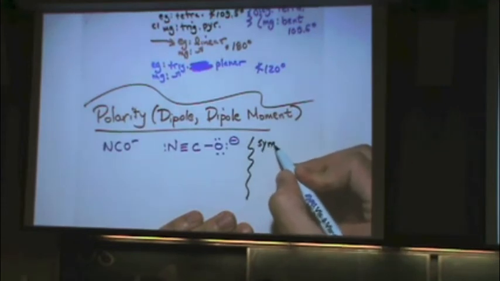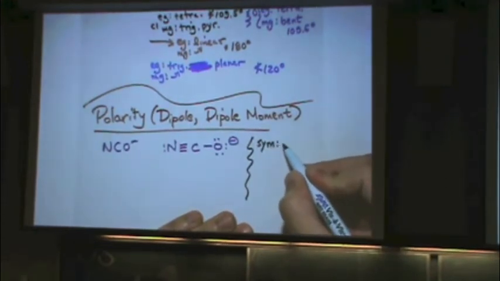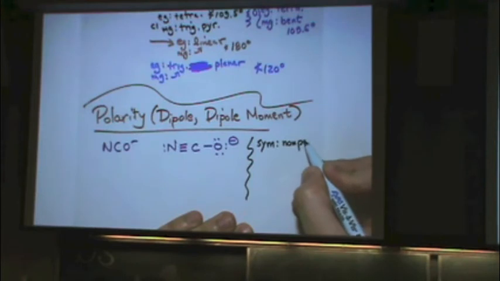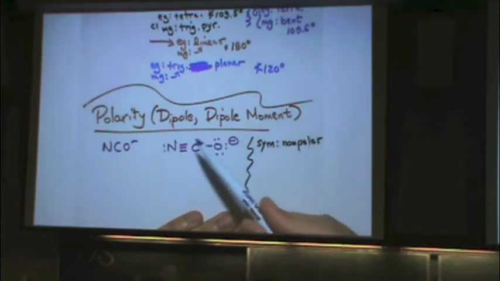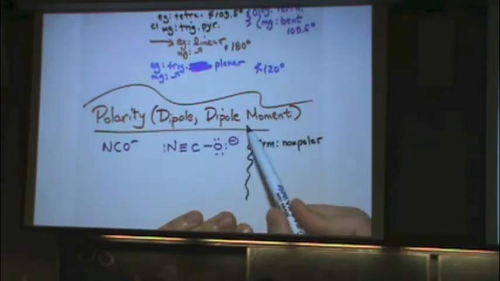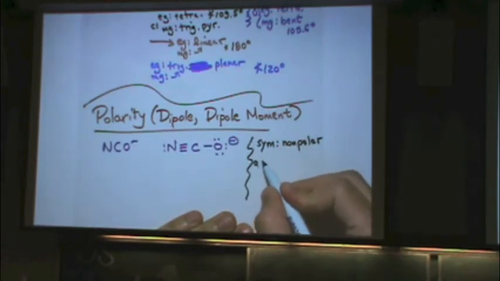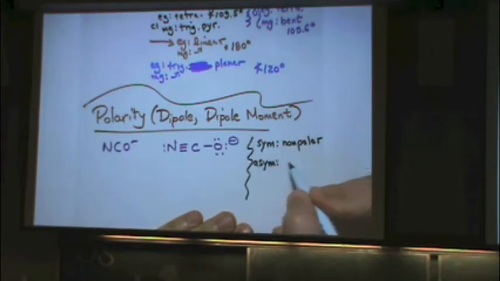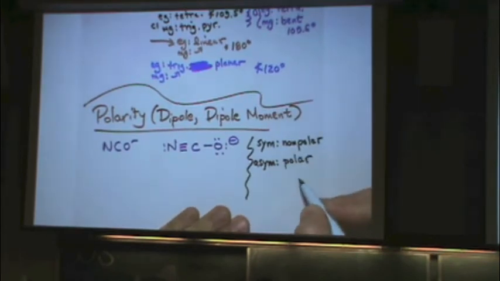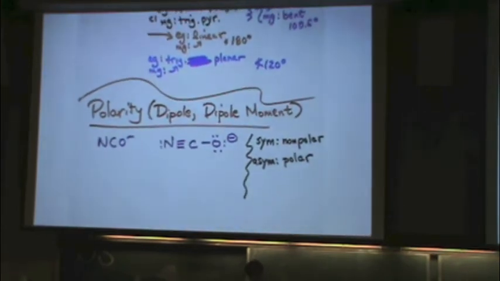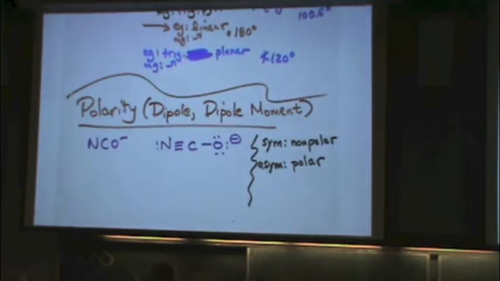If you look at something that looks symmetric, then that will be non-polar, or, in other words, not have a dipole or have a 0 dipole moment. If it is asymmetric, so not symmetric, that will be polar. Why is that? Because polarity has to do with the unequal distribution of electrons. When there's an unequal distribution of electrons, there's a pole that's set up electronically. So something that's asymmetric will be polar.